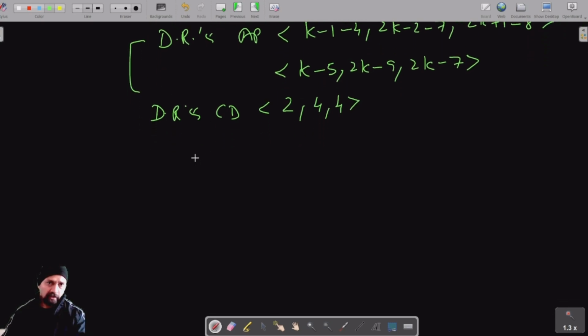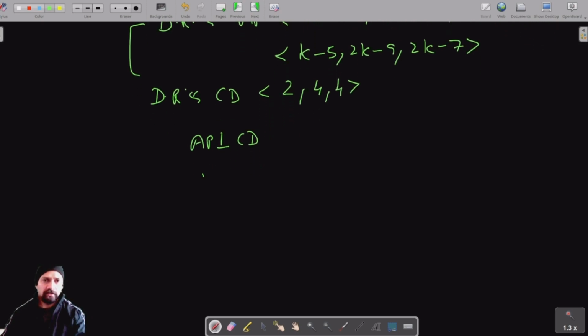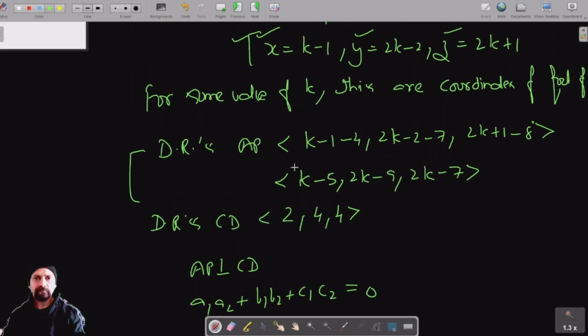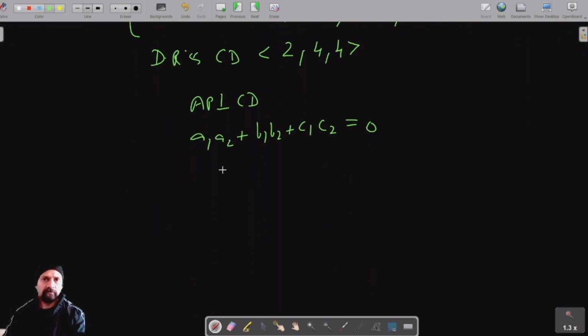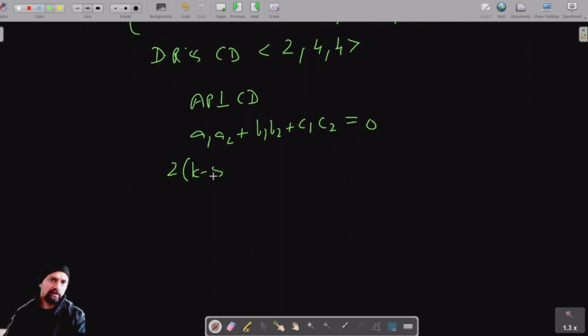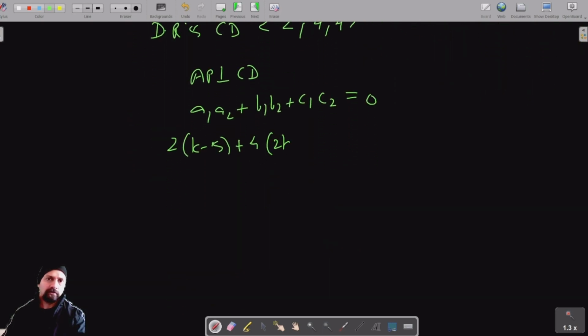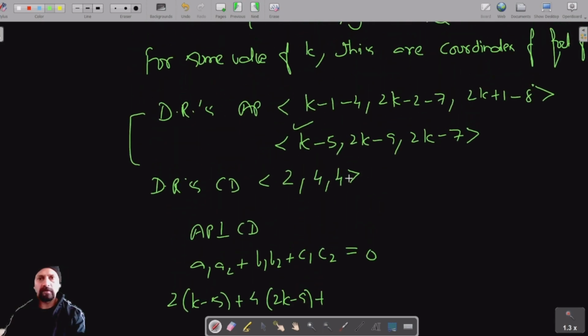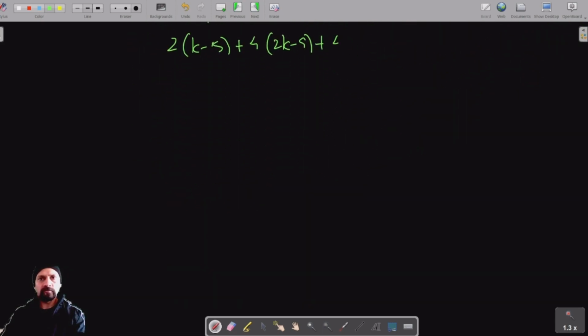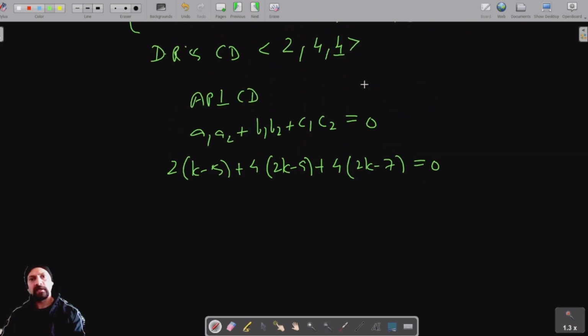Now, since AP is perpendicular to CD, the sum of the products of their respective direction ratios should be equal to 0. So 2 into (k minus 5) plus 4 into (2k minus 9) plus 4 into (2k minus 7) should be equal to 0.